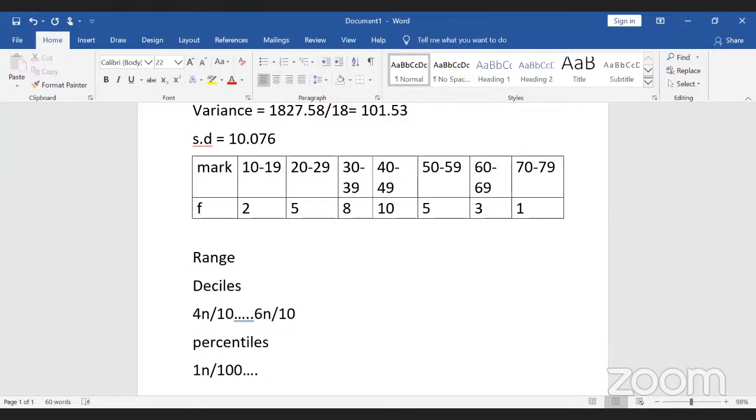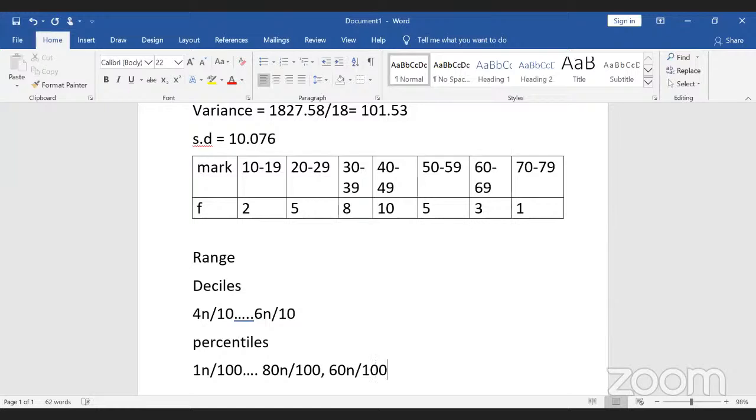What about the 80th percentile? 80th percentile, we take 80, then we multiply by the number of items we have, then we divide that by 100. 60th percentile, 60 times n, then we divide that by 100.